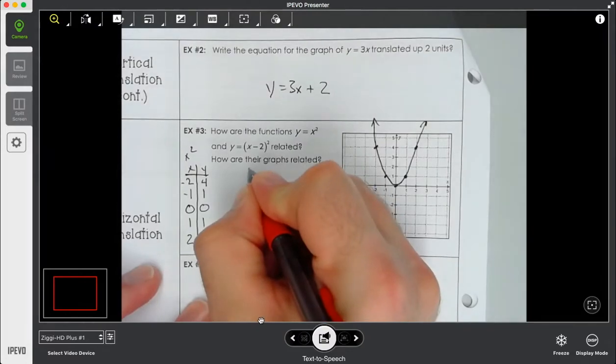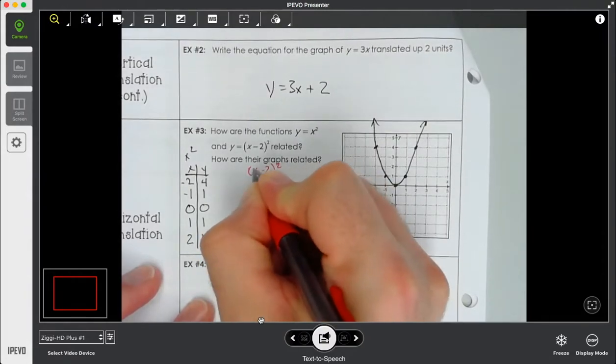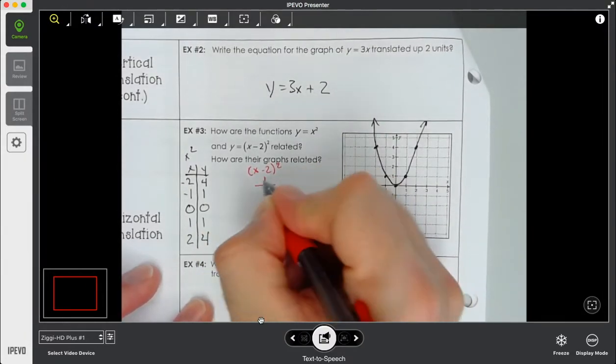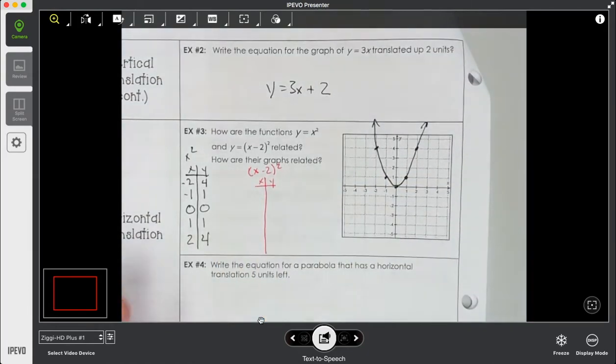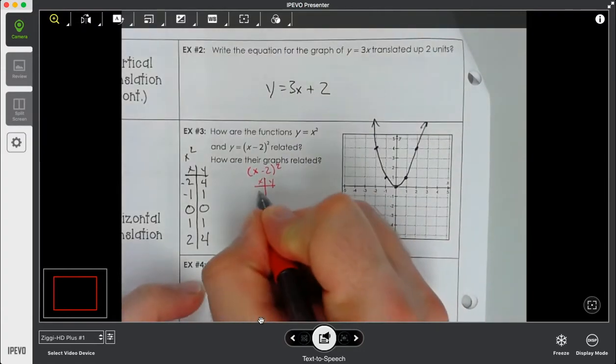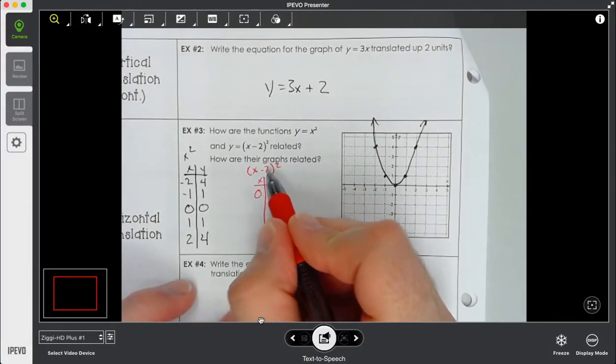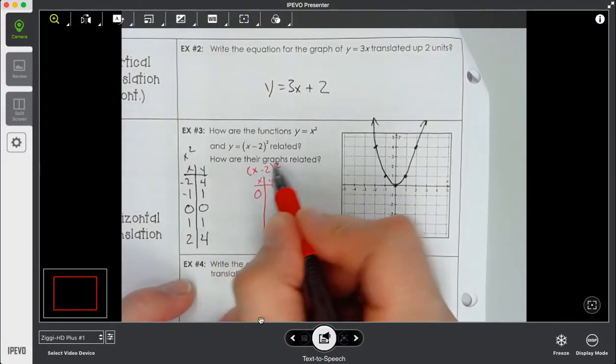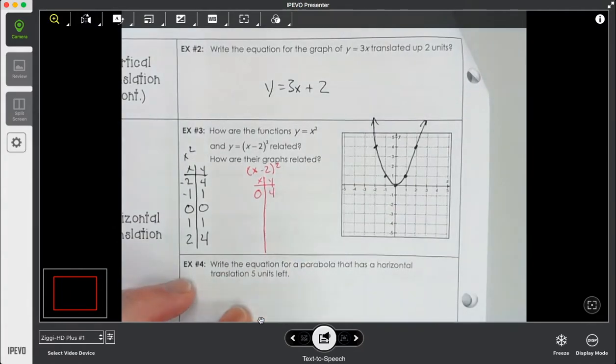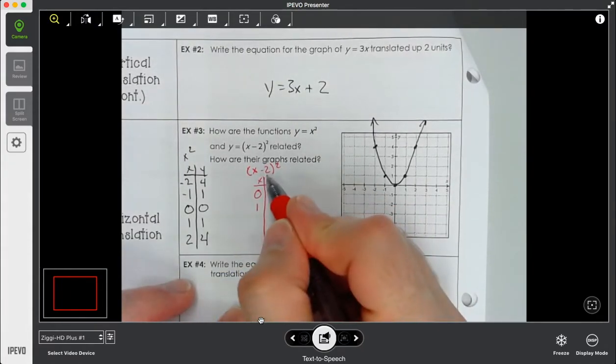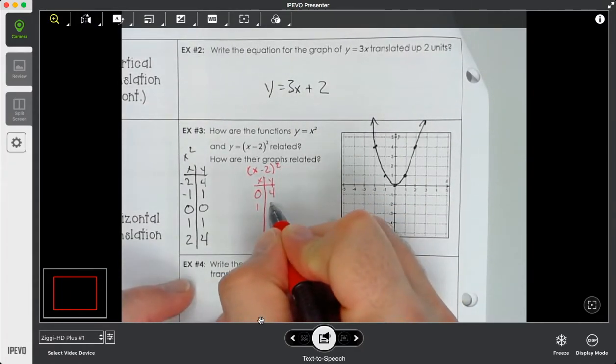So now we're going to look at x minus 2 quantity squared. And so this time I'm going to start with 0 again. And 0 minus 2 is -2. And so -2 squared is 4. 1 minus 2 is -1. -1 squared is 1.